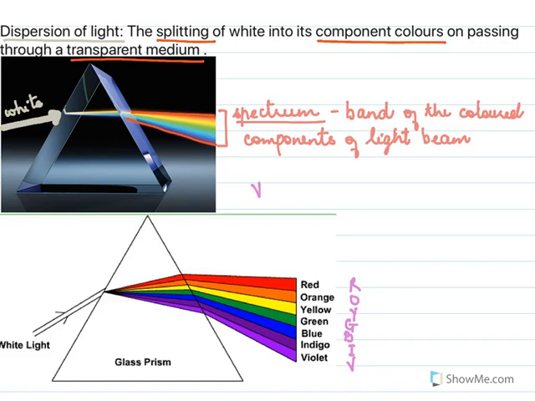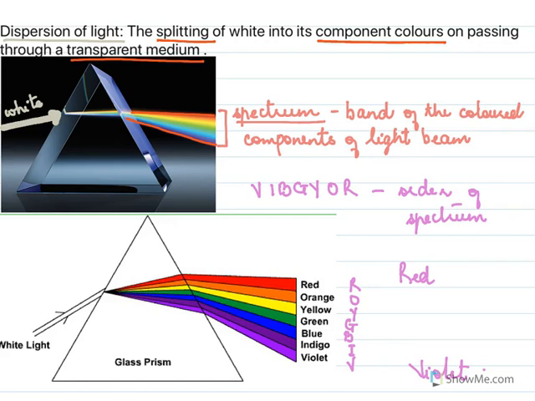So we use the acronym to remember the order or the sequence of the spectrum. Remember, red is in the beginning, right on the top, and violet is right down.